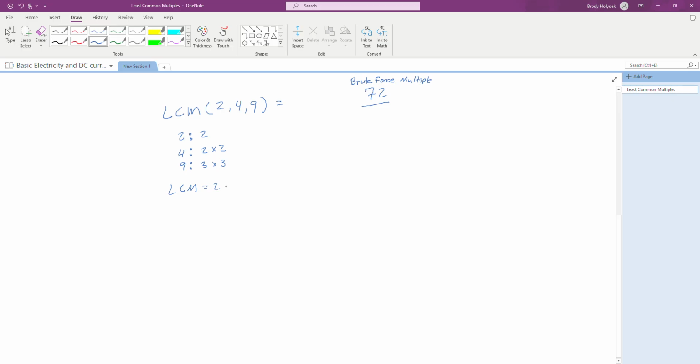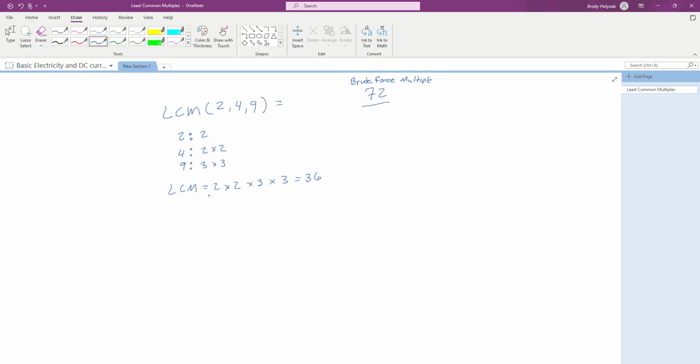We already have 1, so we add in our second. And then 9 needs 2 3s. So there's my 1 3, there's my second 3. And then when I multiply everything together, I get 2 times 2 times 3 times 3, and that gives me a total of 36. So it is a smaller number than just brute forcing them together.